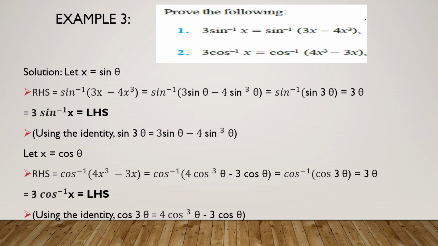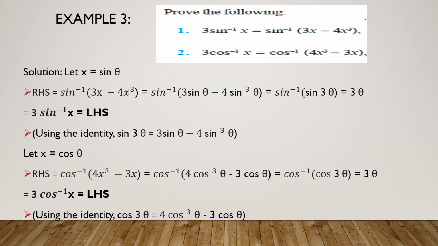So, our right hand side will be sin inverse of sin of 3 theta, and sin inverse and sin applied will give you the angle, which is equal to 3 theta. So now 3 theta means 3 sin inverse of x, which is equal to our left hand side. So we have proved this using the identity sin 3 theta is equal to 3 sin theta minus 4 sin cube theta. Now I think it is clear why we should take x is equal to sin theta.